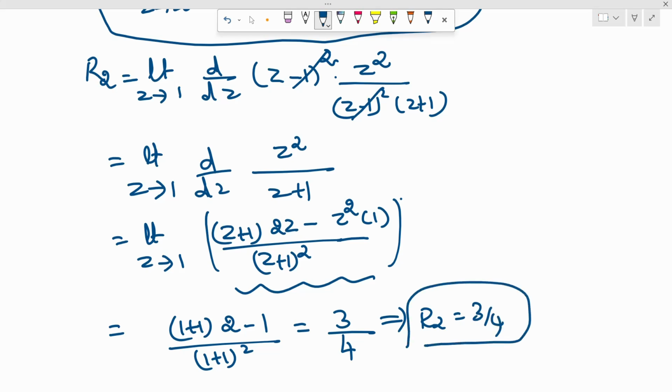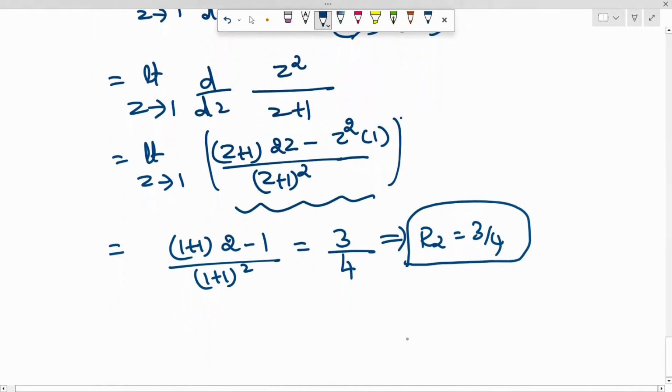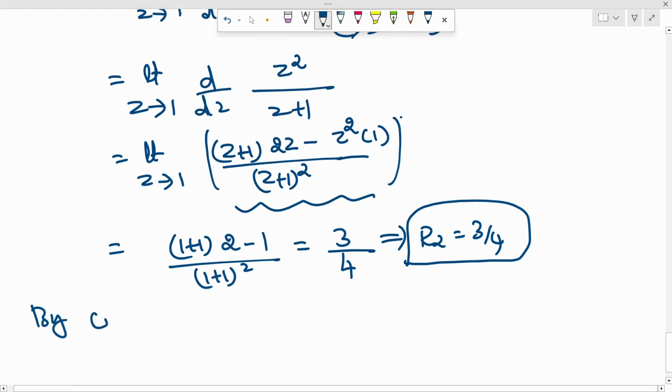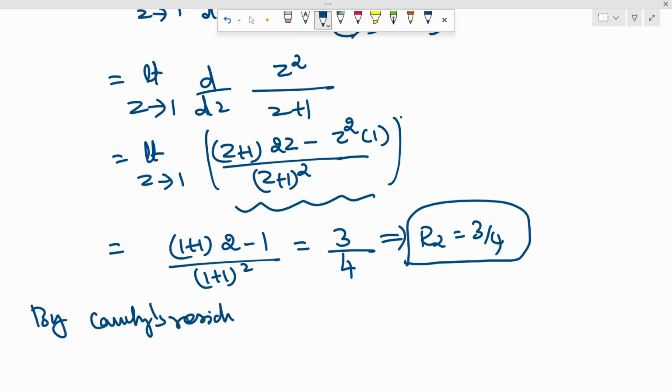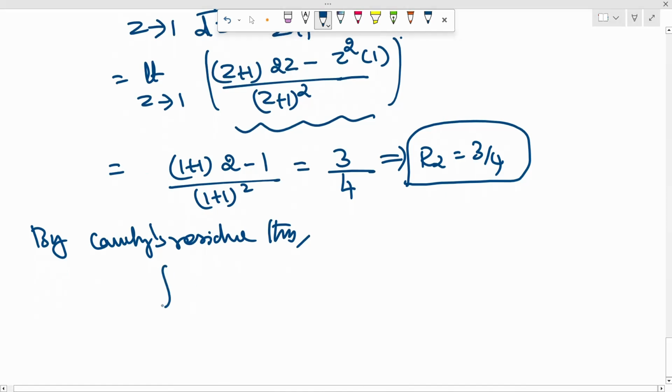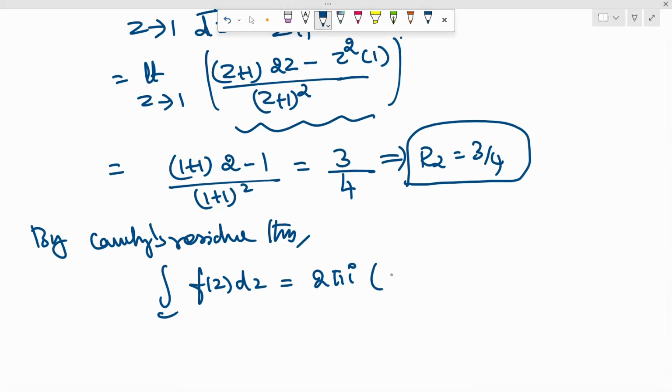Okay, now substitute these two values, R1 and R2, in Cauchy's residue theorem. We know the residue theorem statement: integral over C f of z dz is equal to 2 pi i into the sum of the residues.